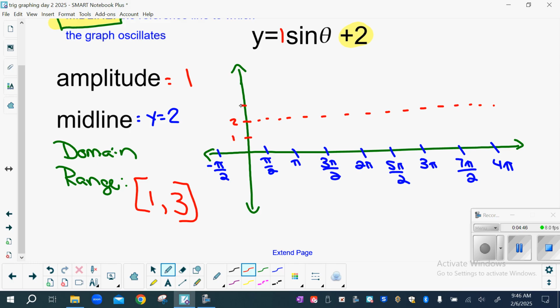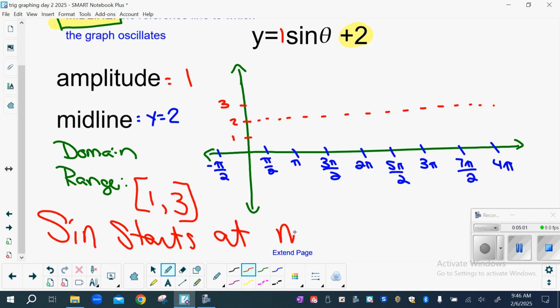And here's what I'm ready to do. Let's go ahead and graph it. Sine starts, and you're going to write this down, write it giant. Sine starts at, we used to say at 0, but the real word is, it starts at the midline. Cosine starts off the midline, but we're going to start at the midline. So get your little dot ready. Start him at the midline.